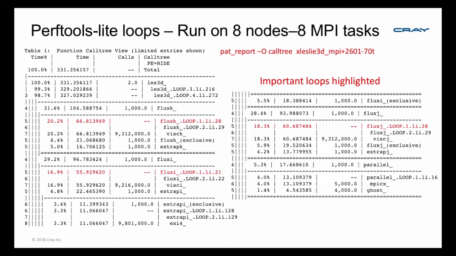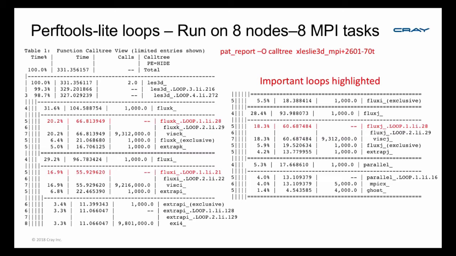And now let's see, just to make sure I cover everything here, that second column is time. Perftools-lite-loops does not do sampling. It does tracing. So rather than getting samples, you are getting times in seconds. And then the number of calls is in the third column, and then the actual entry is in the last column.